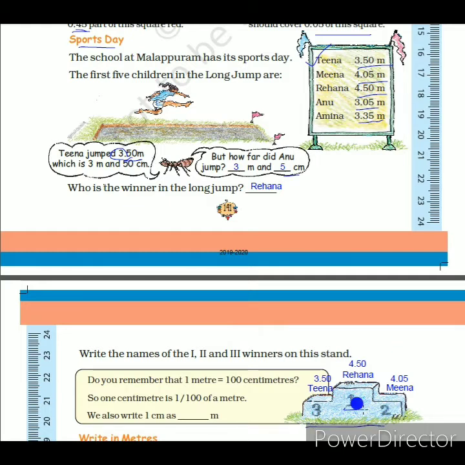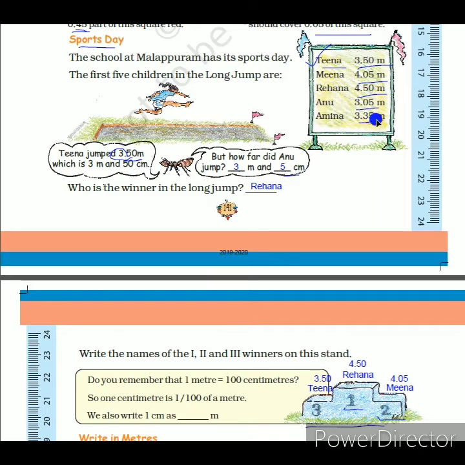In first place we have to write Rihanna 4.50. Second one is Meena, that is 4.05, and now we have to find out the third prize winner. Third winner is Tina, see that 3.50, 3.05 and 3.35.